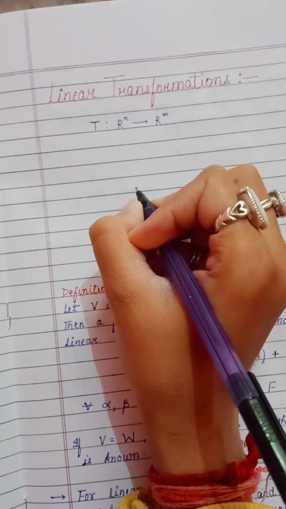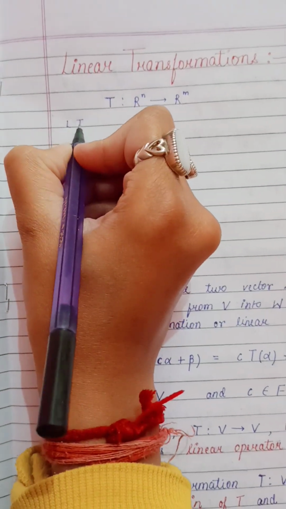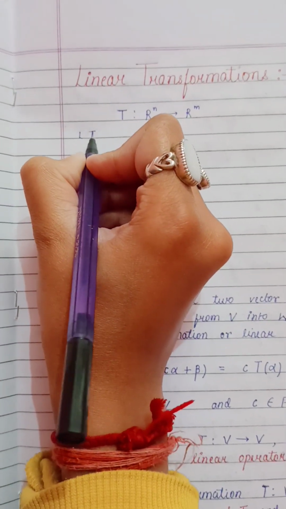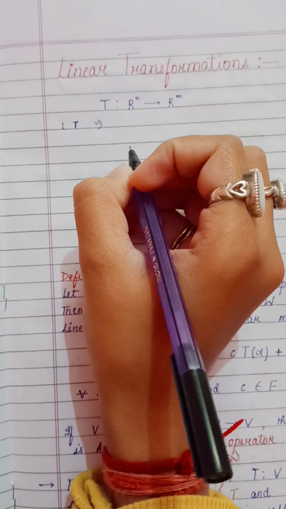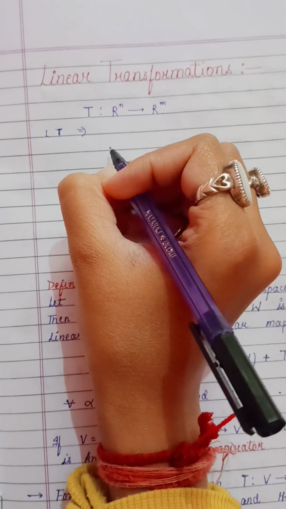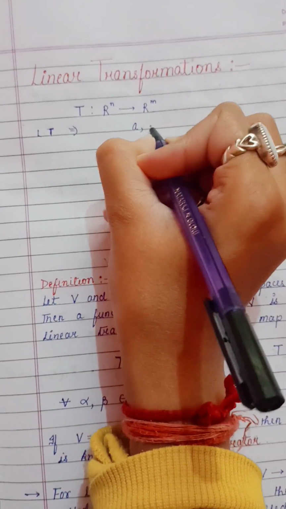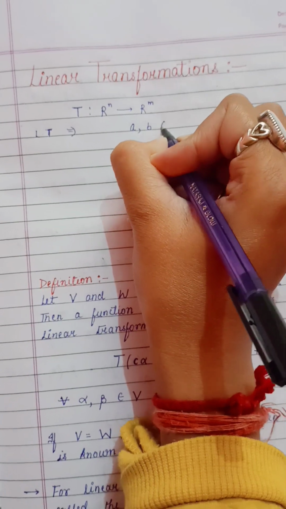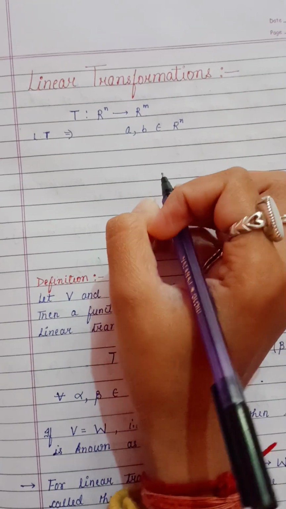Now, for it to be a linear transformation, it should satisfy two conditions. First, suppose there are two vectors A and B which belong to the set Rn.